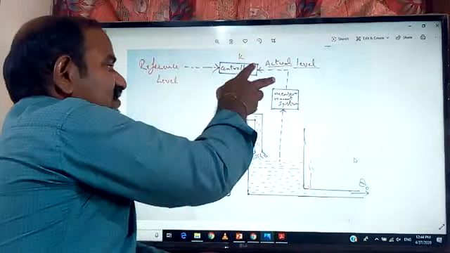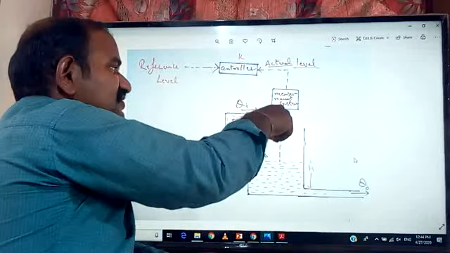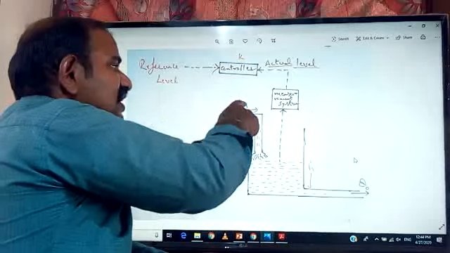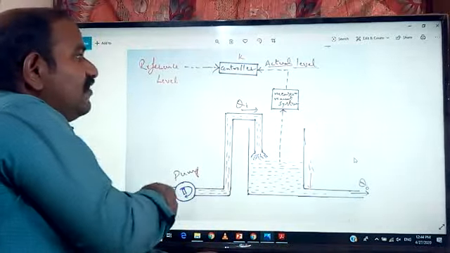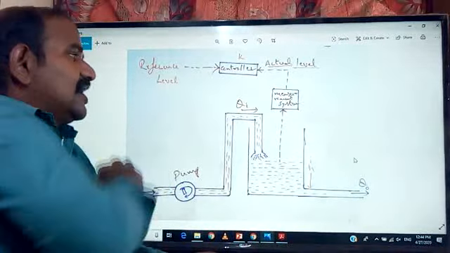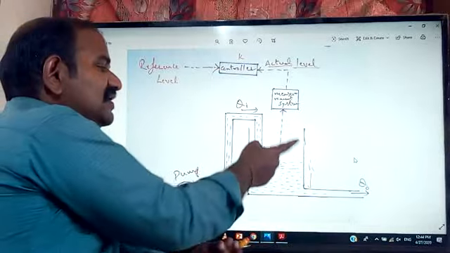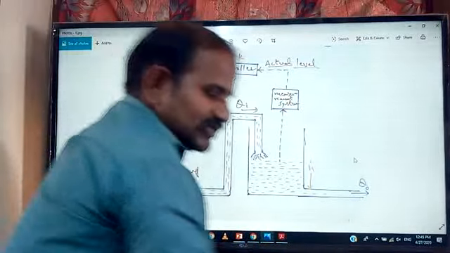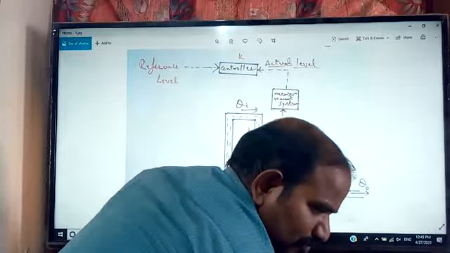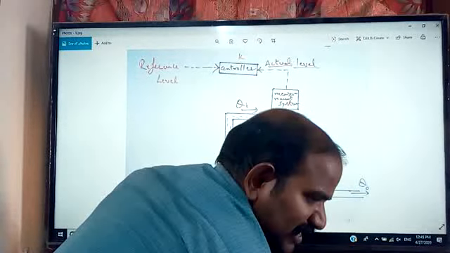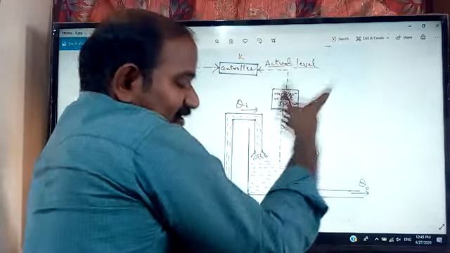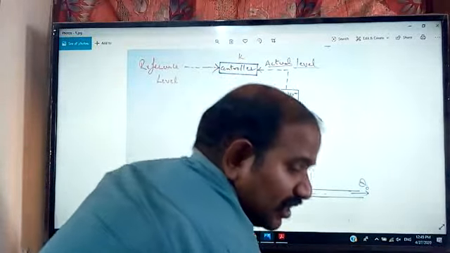If there is a difference, then up to that difference, the QI is going to be supplied by the pump, which is turned on and off by the controller. So there is a relation between the actual height and the inflowing liquid. I am giving that relation as QI is directly proportional to E. Here you are supposed to represent the E, but I missed it in the diagram. You just take it down, but it is there in the given material.